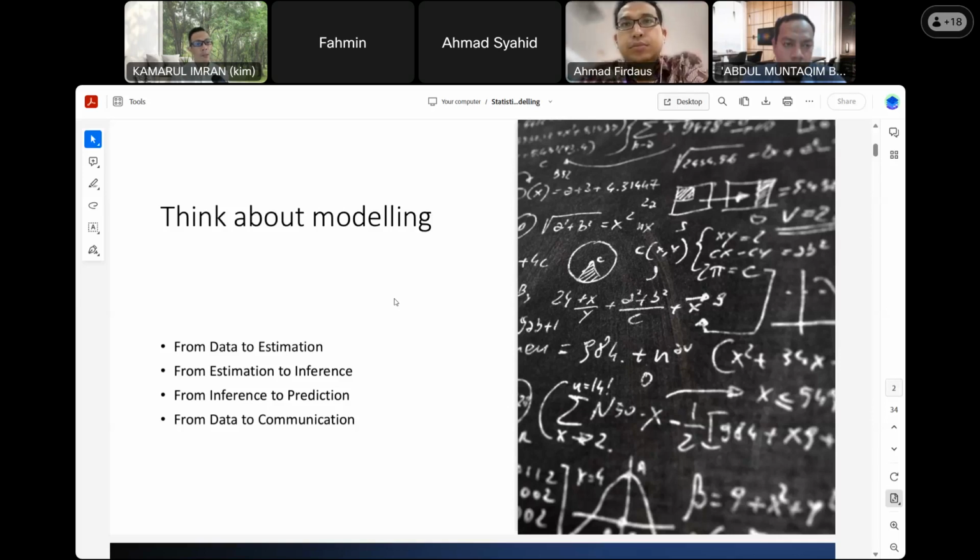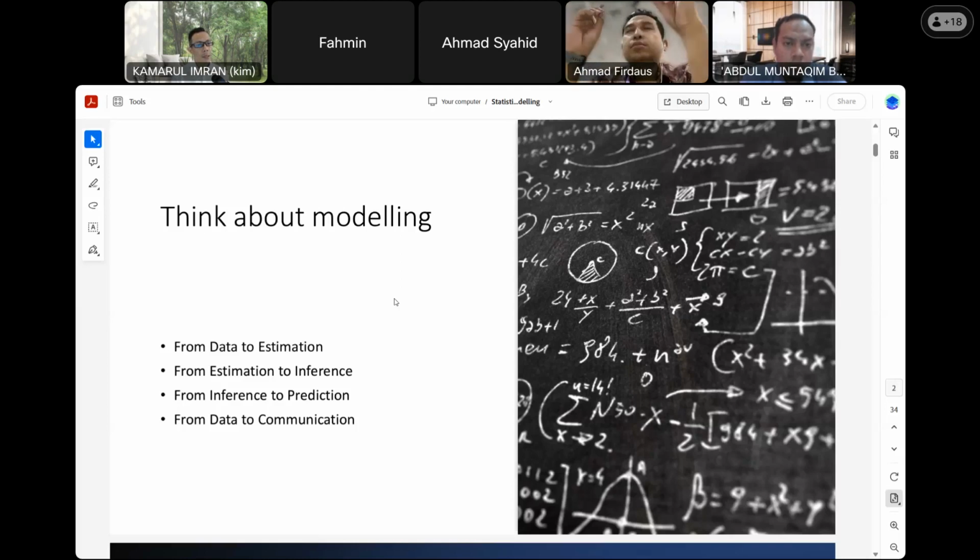For example, like we did before for linear regression, we estimate the beta value for the linear regression model. Then we did logistic regression, we also estimate the beta value. And we also estimate the regression parameter for the Cox proportional hazard regression.